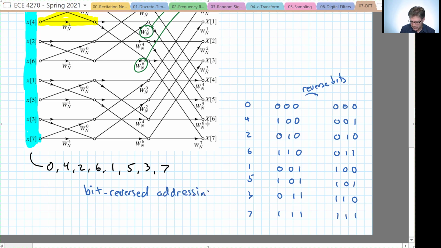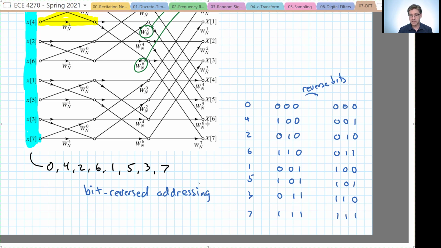And also, since the DFT and the FFT are so important, many DSP chips actually have a special addressing mode built in that is bit reversed addressing. And so what you do is you load your index register with the number of whatever output you want to access, or the order you want to access it.